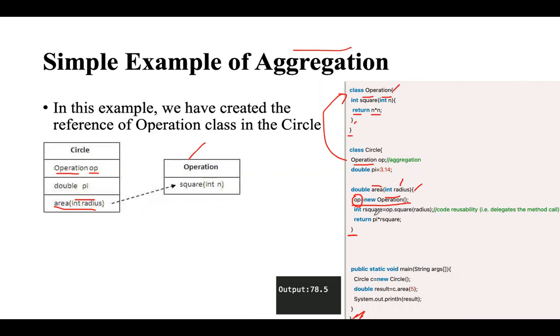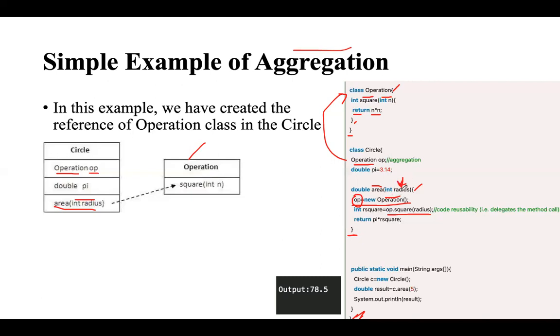And then the next statement is int r square is equal to OP dot square. Here we are calling it, and we are passing radius into it. So OP dot square, this radius, first we are passing it as a parameter.